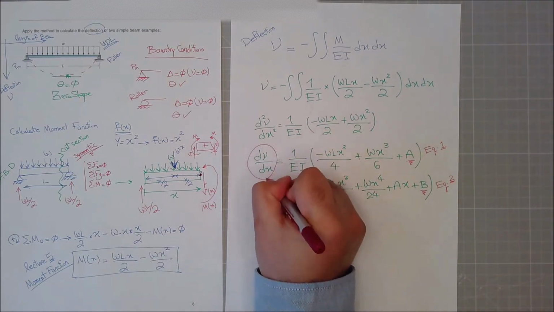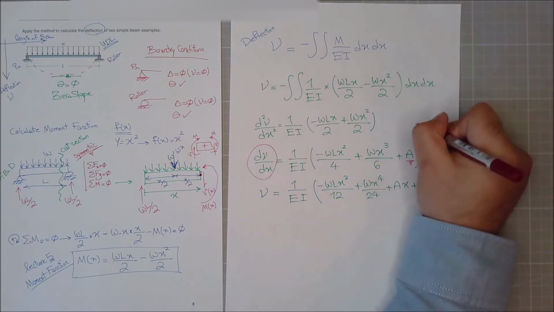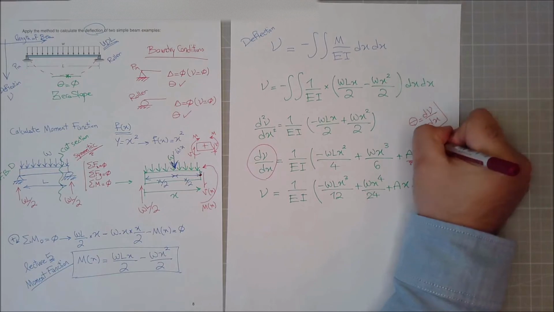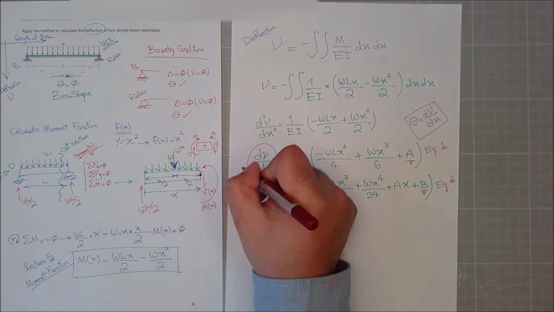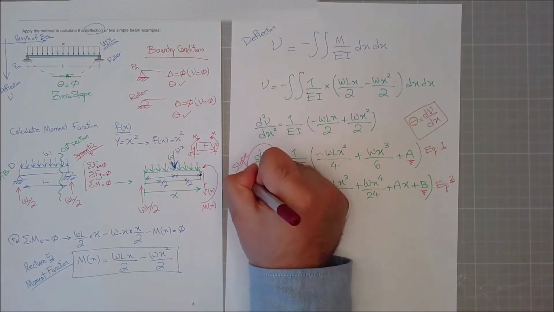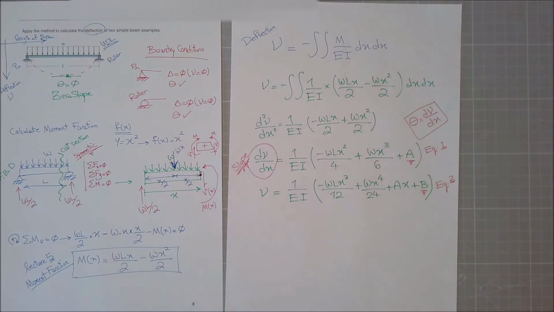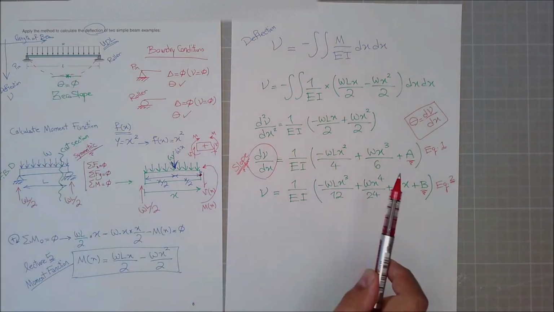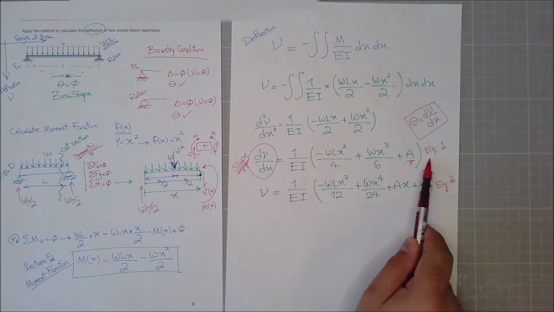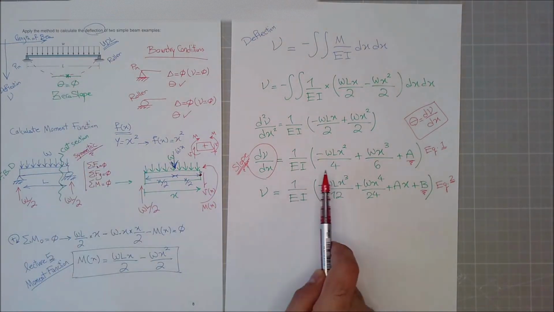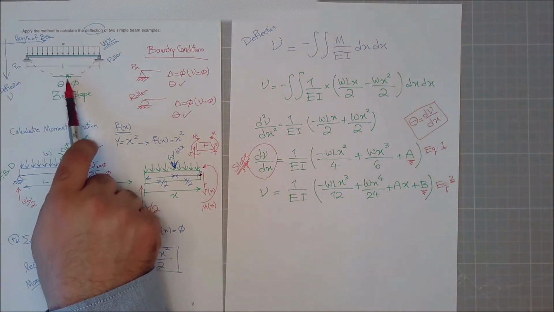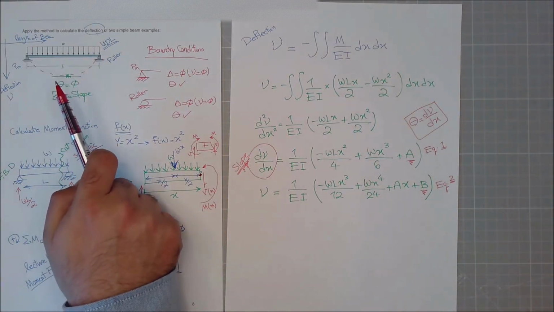Isn't this a little bit familiar? Didn't we say theta is the slope? So this is actually the slope. And didn't we say at this point it is equal to 0? So if I put this equal to 0, don't I get a value for x? If the slope is 0, it will be the maximum position where the deflection has happened.